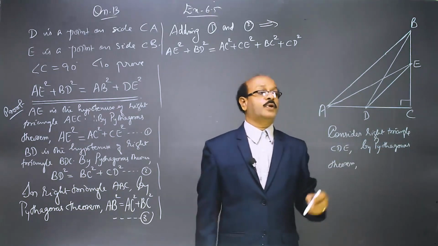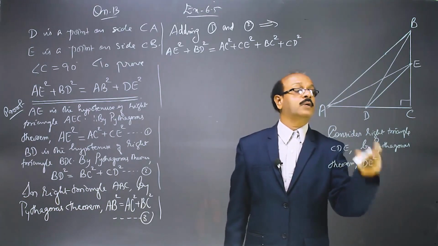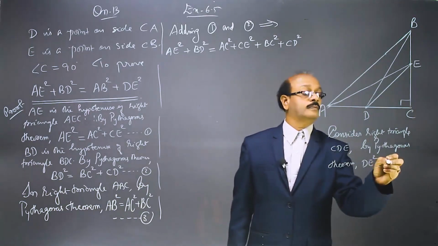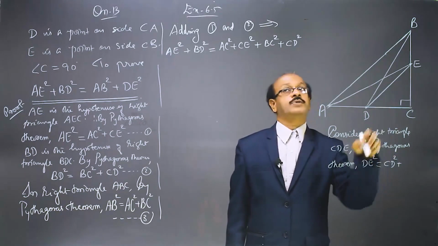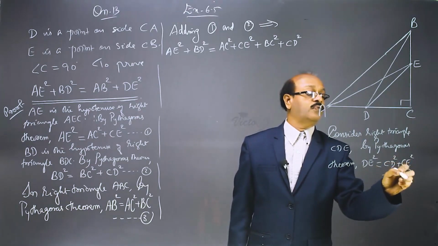Hypotenuse square, the hypotenuse here is DE. DE square is equal to base square, that is CD square, plus altitude square, which is equal to CE square. Name it as equation number 4.